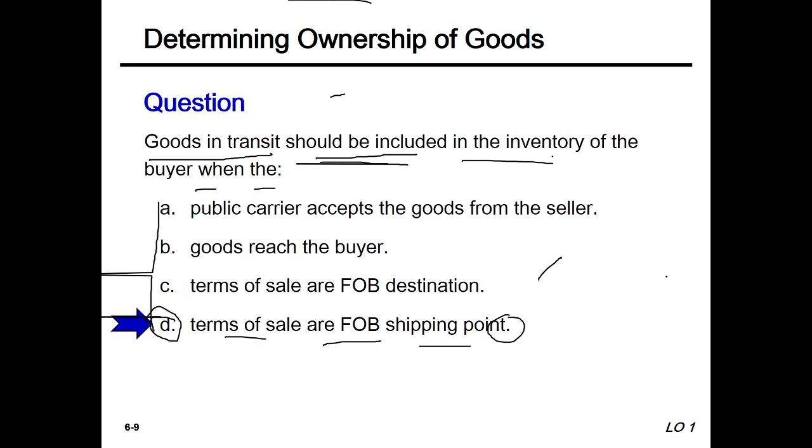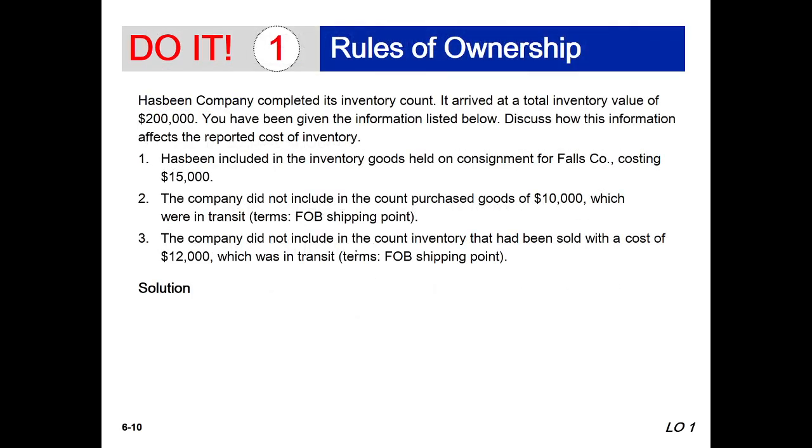Now move to the next slide. Here are just the rules of ownership. Please see this. Number one, the company has completed its inventory count. That means it is already completed, and it arrived at a total inventory value of $2 lakh. Okay, so you have been given the information listed below. Discuss how the information affects the reported cost of inventory.